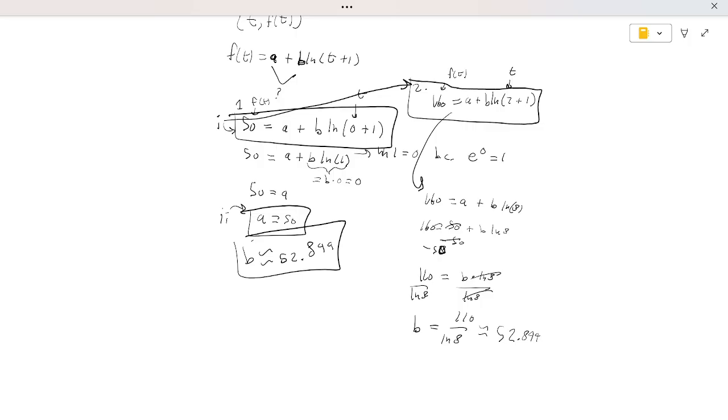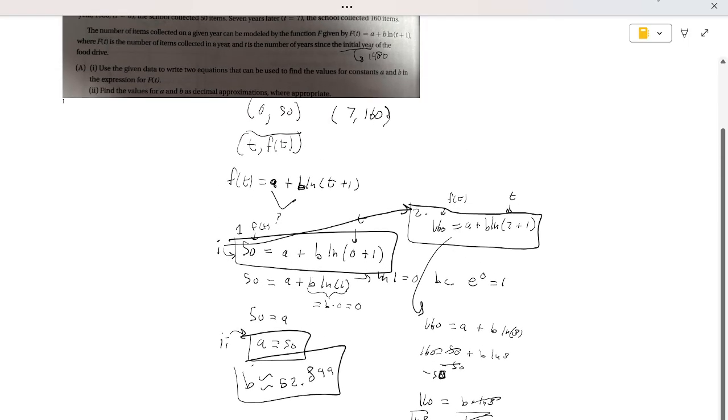These are our two equations over here, and these are our values for a and b, or at least b is an approximation, but it's about 52.9. So all in all, what our equation would look like is capital F of t. I was using a lowercase f, it's supposed to be capital.